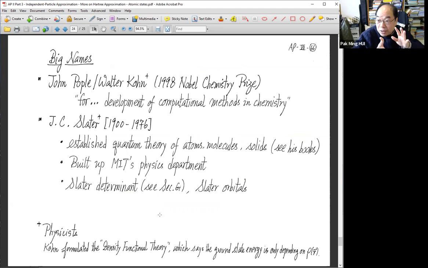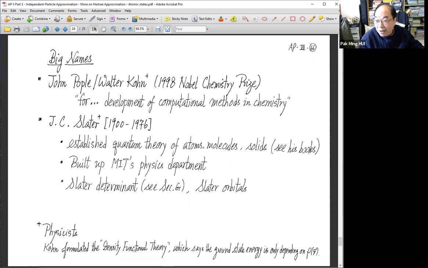In this self-consistent calculation approach, Nobel Prizes in chemistry have been awarded to John Pople and also Walter Kohn. Walter Kohn is a physicist in training entirely, and he also made fundamental contribution to a big area called density functional theory. Now it's the most popular method in calculating electronic band structure in semiconductors and many other solids.